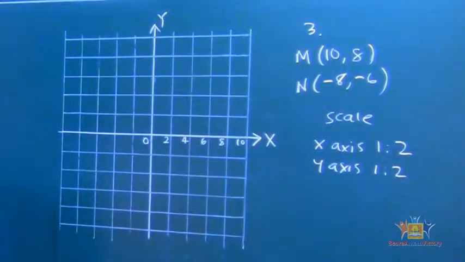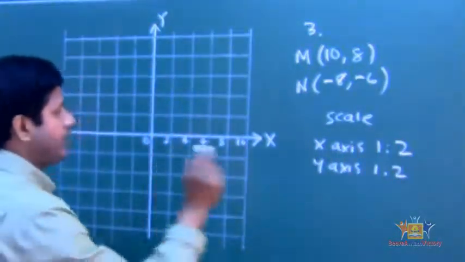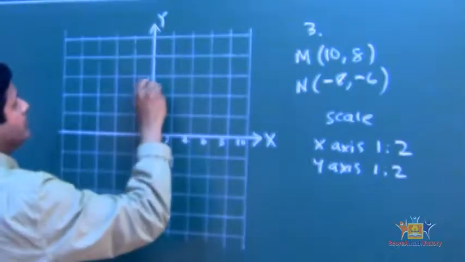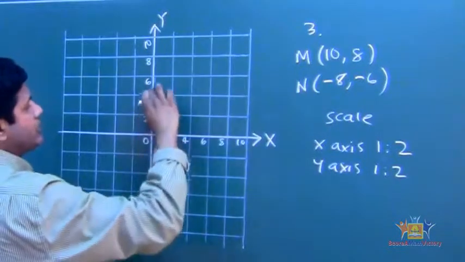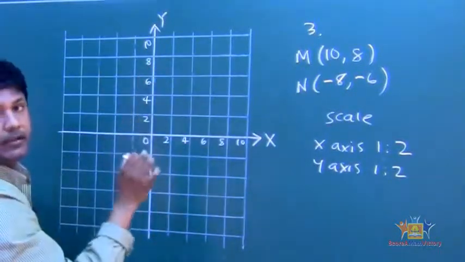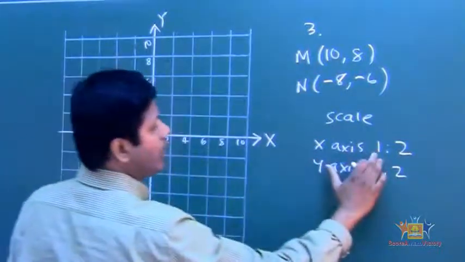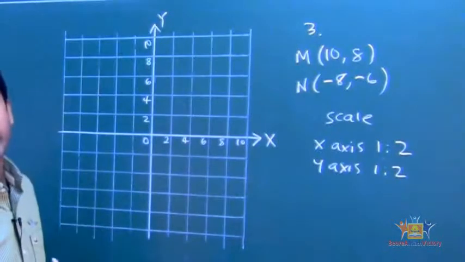That's how the scale 1 to 2 works. Same thing with y: 2, 4, 6, 8, 10. Each segment is going to represent 2, 2, 2, 2. That's why it's 1 to 2, with the x-axis and y-axis.